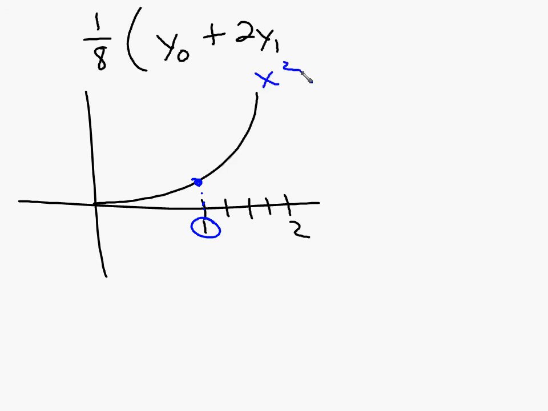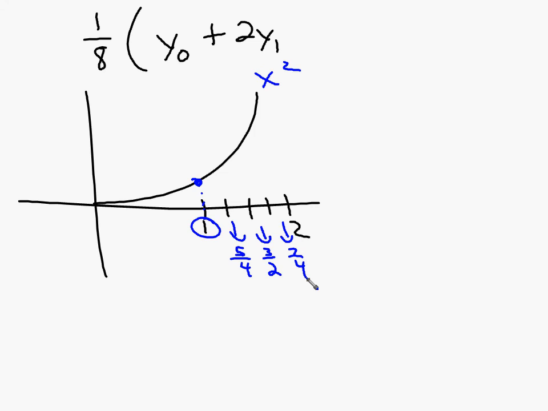But what is this next value? Isn't this going to be 1 1/4, which is 5/4? And this next value is going to be 3/2. And this next value is going to be 7/4. And then of course we have 2 at the end.